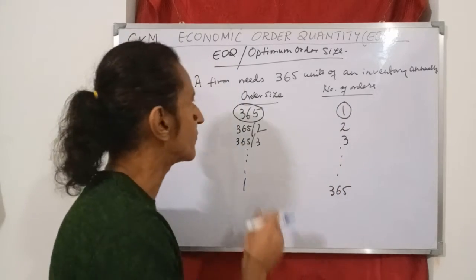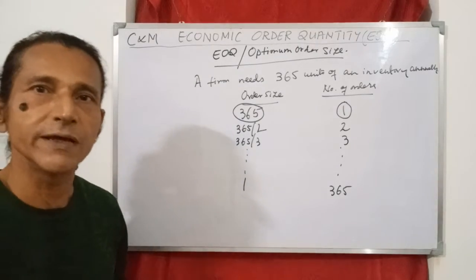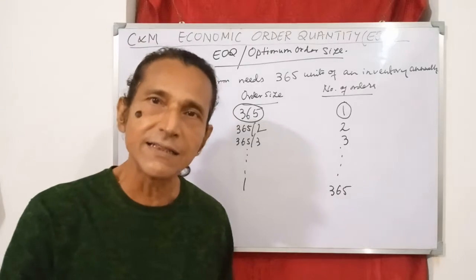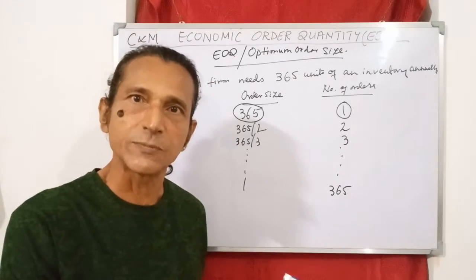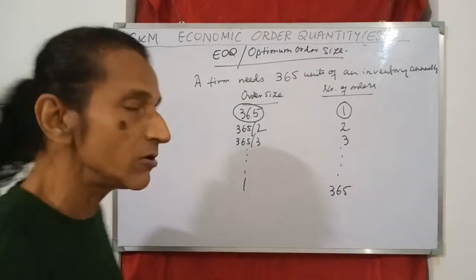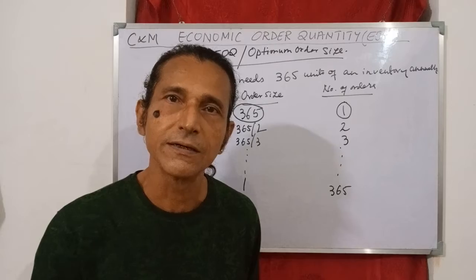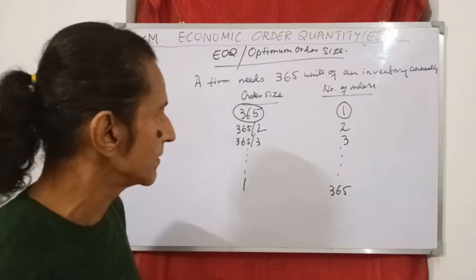This means the farm is holding this inventory for the whole year, or the farm is carrying the inventory. The farm is storing the inventory in its storage space. All costs involved in carrying or holding the inventory are known as carrying costs or holding costs.